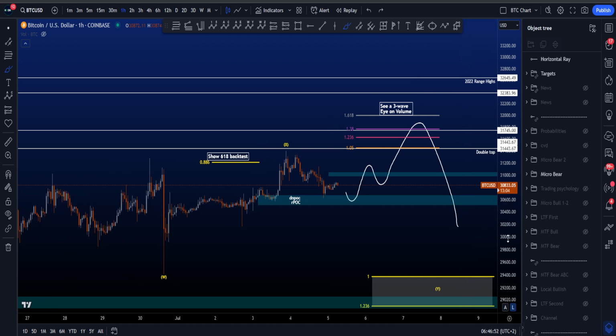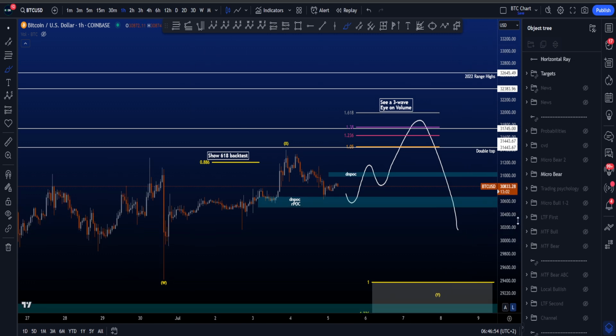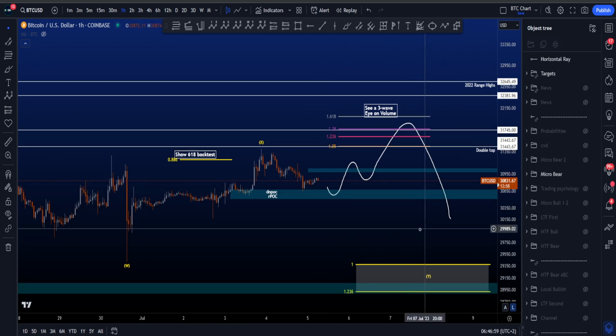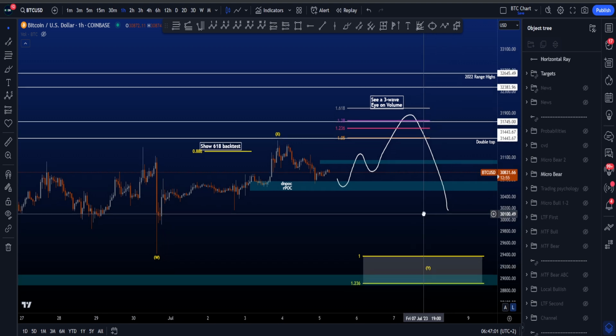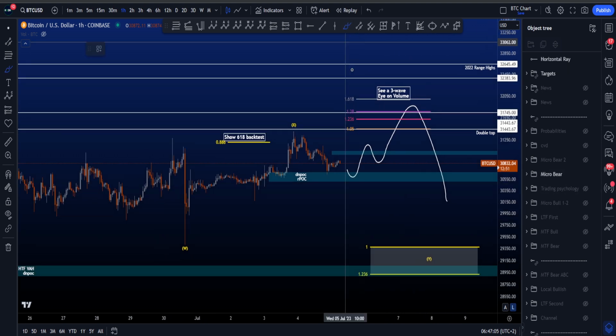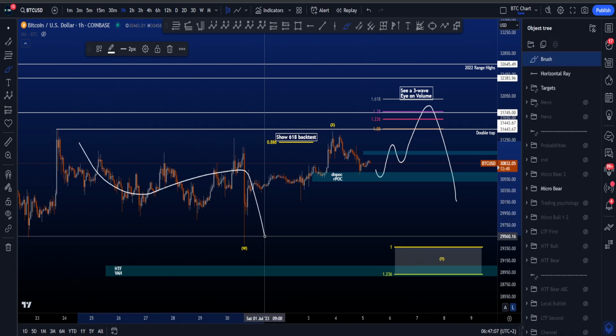Could be very interesting, could also be very volatile, but we still have some news going on this week, which I will show you in a second, for maybe this to help this play out, basically, right? So this is a very interesting scenario indeed. And then in wave W, we had a WXY.